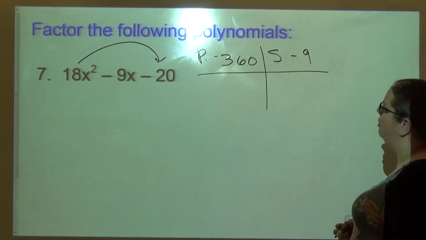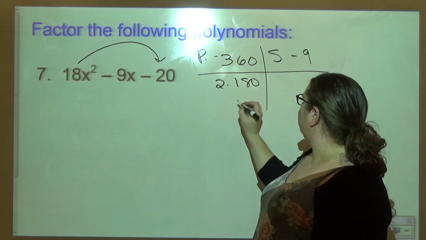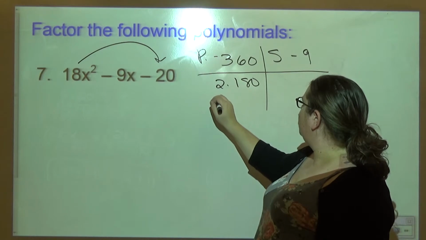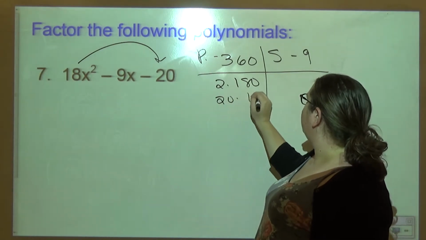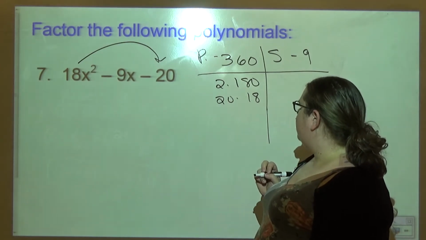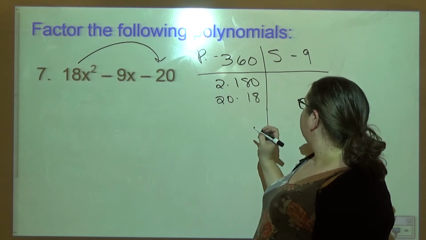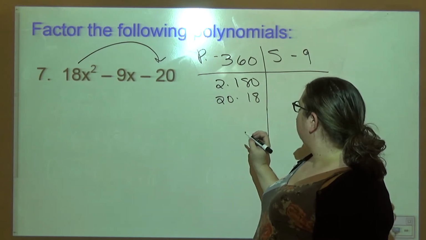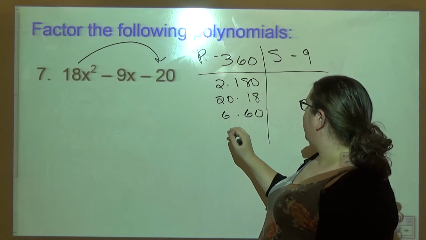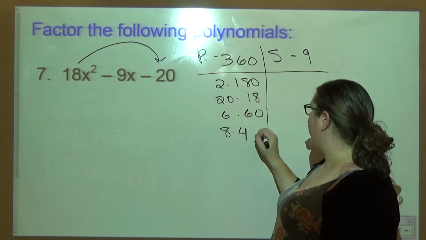Definitely not 2 and 180. 3 and 120. Let's see. How about 20? Well, it's not 20 and 18. Jumping around is never good. I shouldn't jump around, but 6 and 60. 6 and 60 doesn't work. 8 and 45.